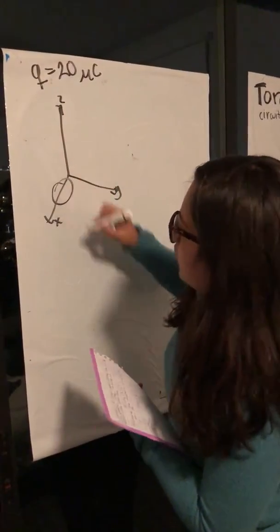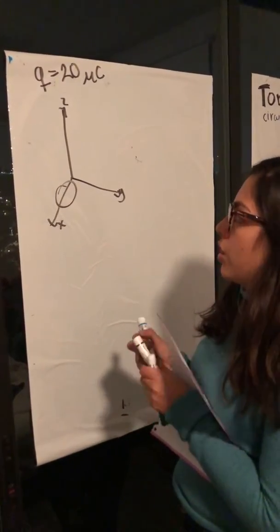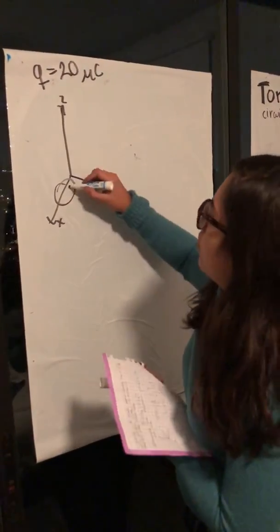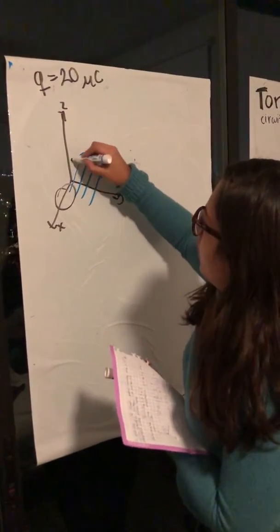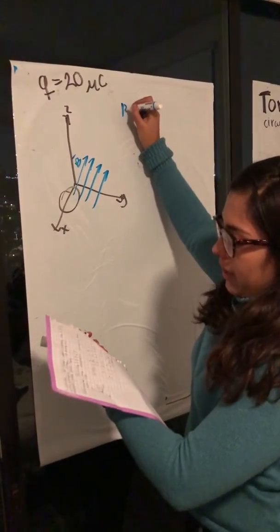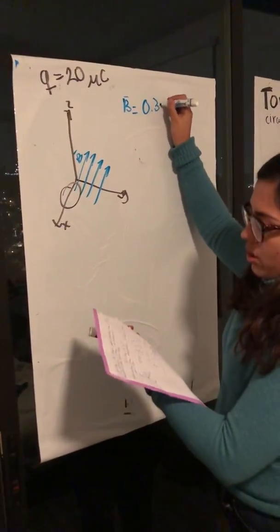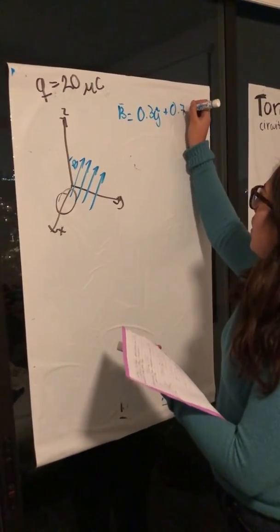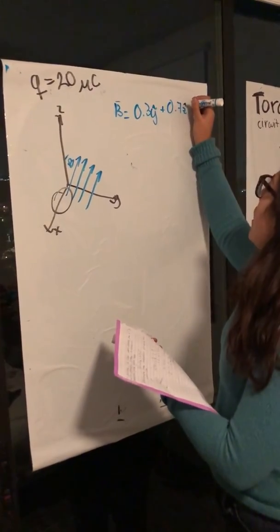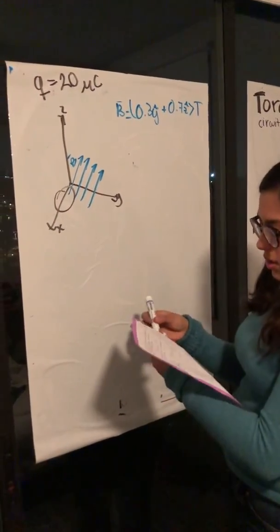So the particle is moving here happily, and then it is introduced to a magnetic field. Well, this would be the magnetic field. And we know that the magnetic field has its components that are clearly in Teslas.